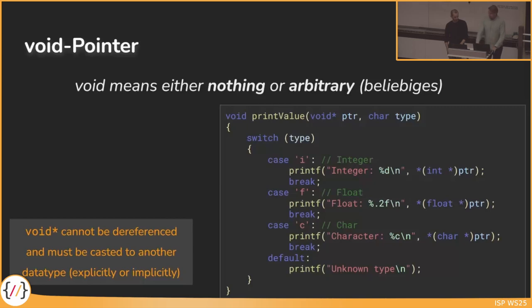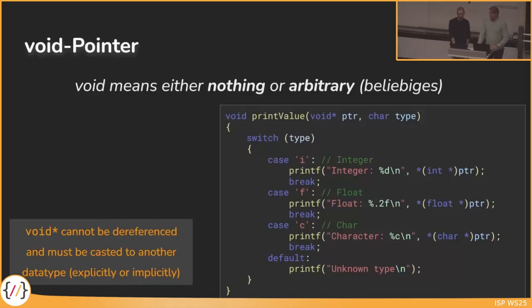So we have also a code snippet here where we pass a void pointer as an argument to a function print_value, and then we can distinguish between the type which is also passed, and depending on the type, we then just use the typecast that we have learned before.